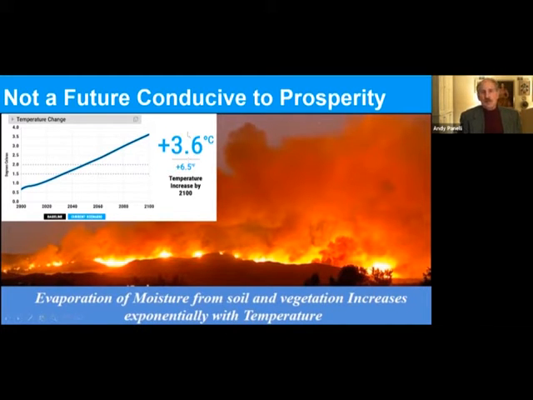Our model is showing 3.6 degrees centigrade. Again, doesn't seem like much, but that's probably in the 6 to 7.5 degree Fahrenheit range.